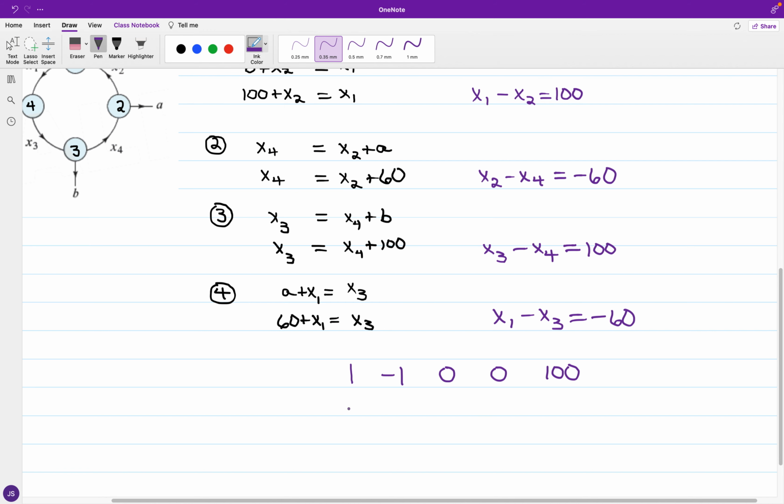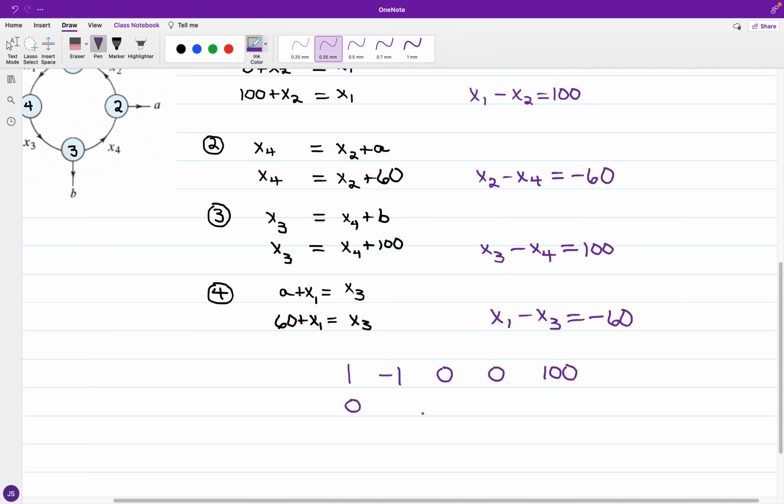In the next equation, we don't have an x of 1 term, but we do have 1x of 2, there's no x of 3, and we have a negative 1x of 4, equal to negative 60. Next we have x of 3 minus x of 4 is equal to 100. And then x of 1 minus x of 3 is equal to negative 60, so we have 1x of 1, no x of 2, negative 1x of 3.